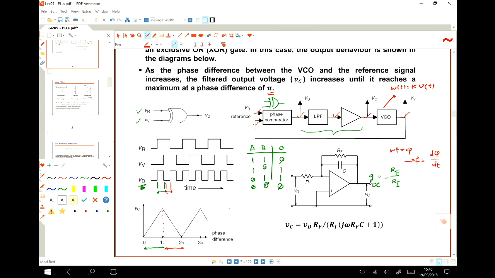If the frequency is not the same, as long as the phase output of this VCO and the reference signal are within pi, you can get locked. If it's out of that, you cannot. It's simple. In frequency synthesizers, usually we have multiple VCOs for different frequencies.